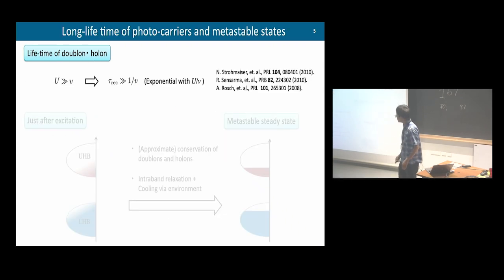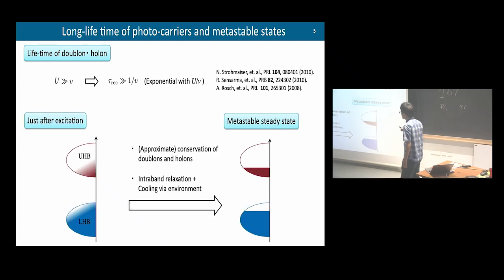Actually, these photoexcited carriers have a very long lifetime if the system has a large U, or the gap becomes very large. In such a situation, during the relaxation process, the number of photocarriers is approximately conserved.